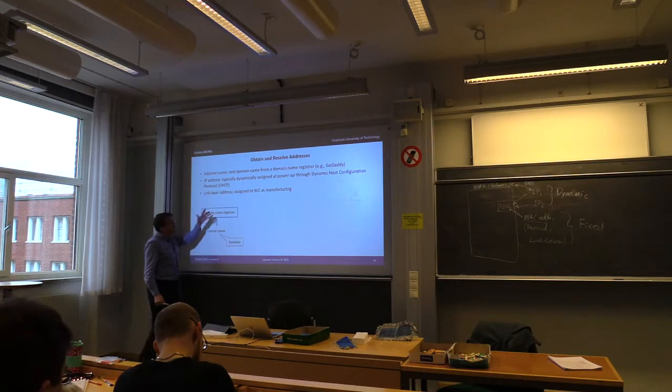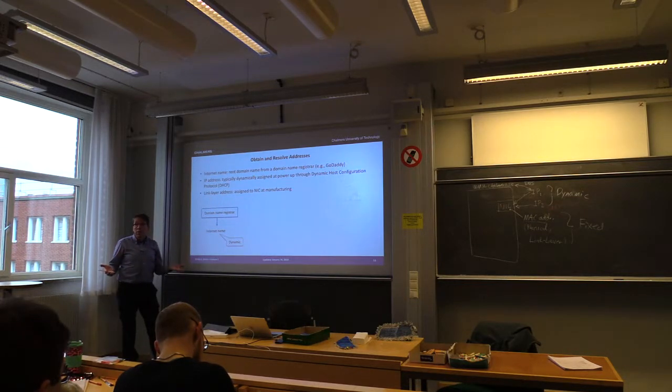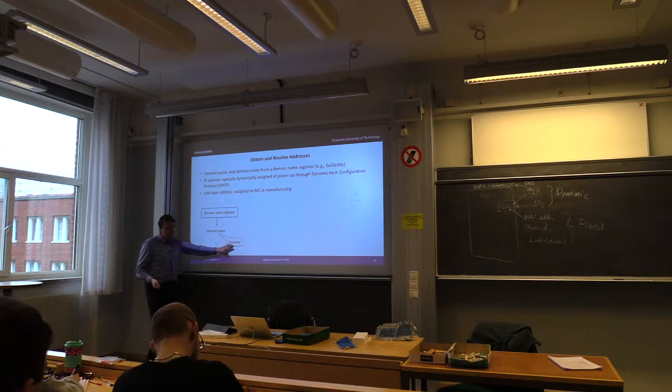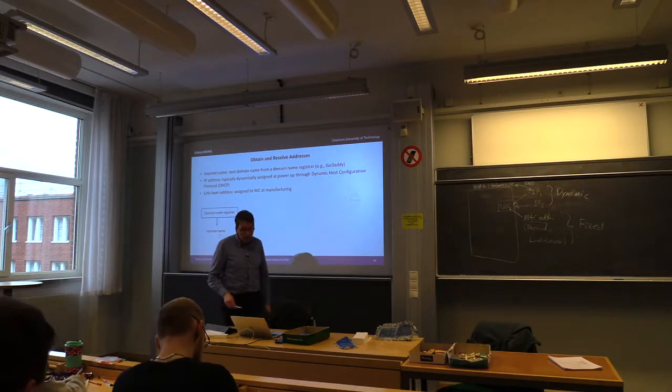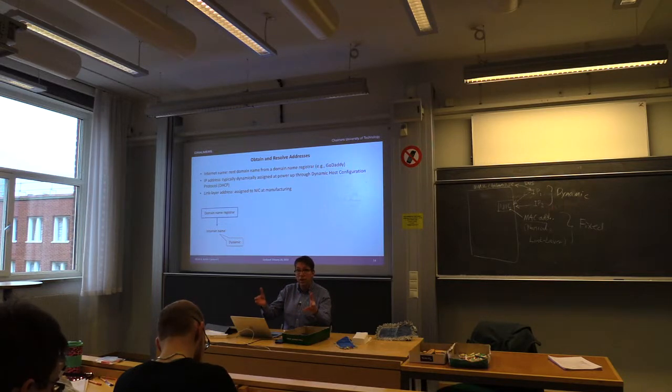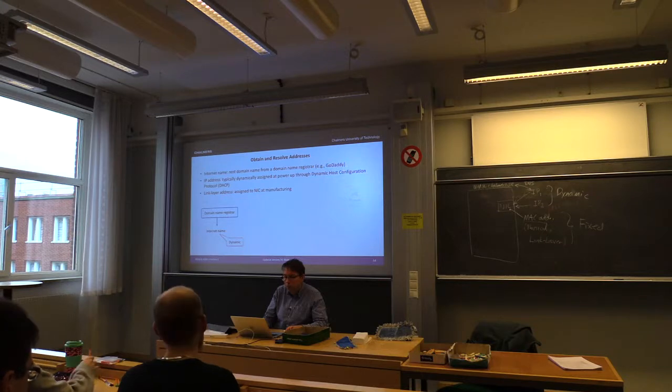Link layer addresses, you get at manufacturing. So a domain name registrar gives you the internet name, and it's also something which is dynamic. It can change from time to time. It can move around to different computers, and then you have to enter into the DNS database what the matching between the local IP and the domain internet name is.